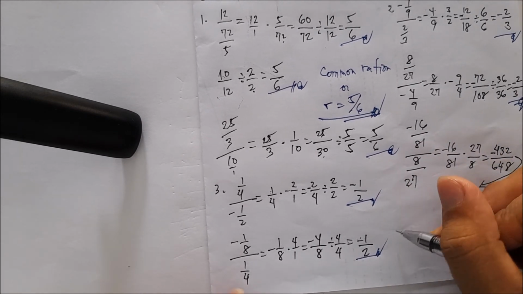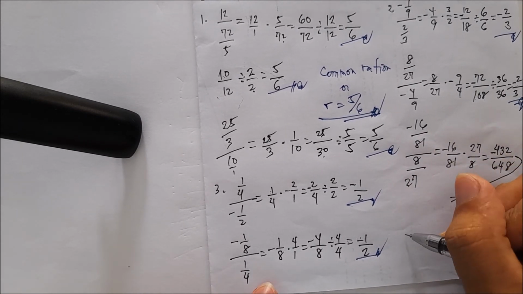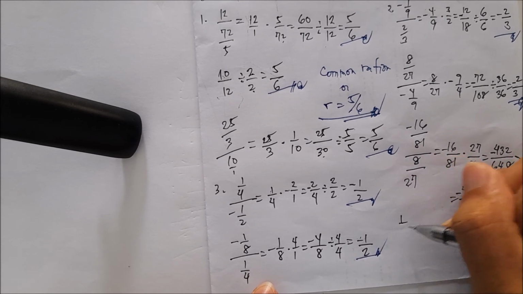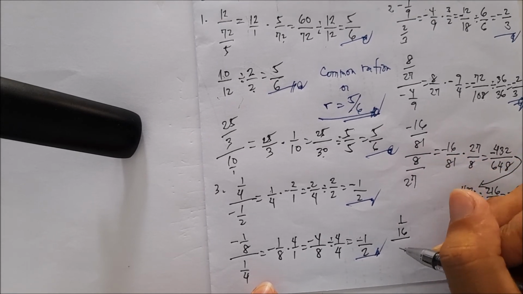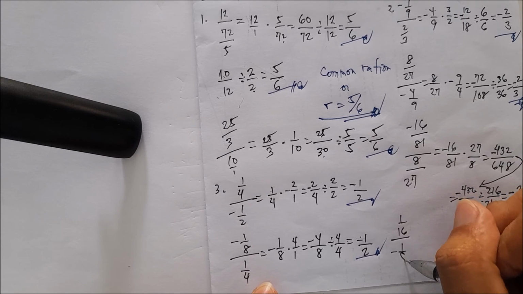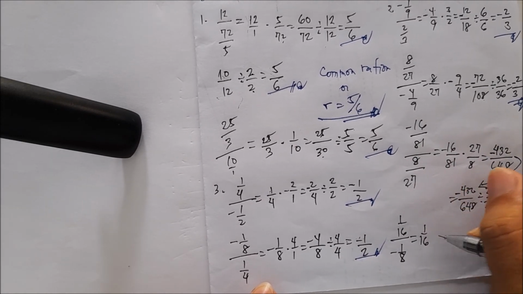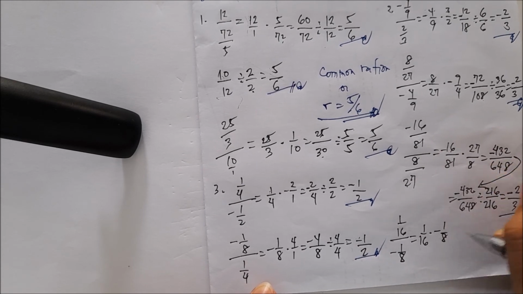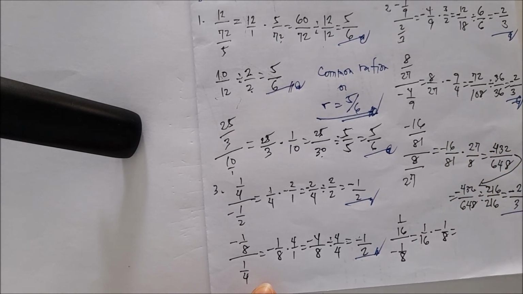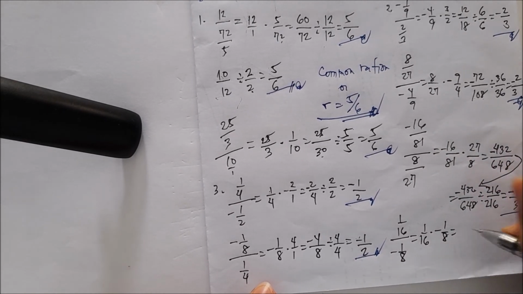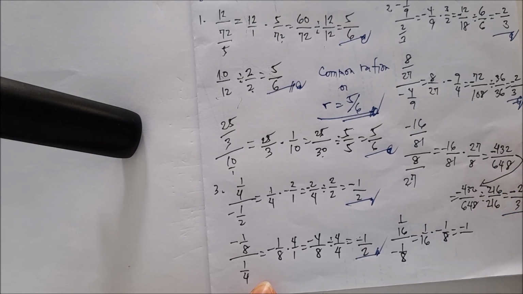The last, which is 1/16 divided by negative 1/8. 1/16 times negative 1/8. So 1 times negative 1 equals negative 1.